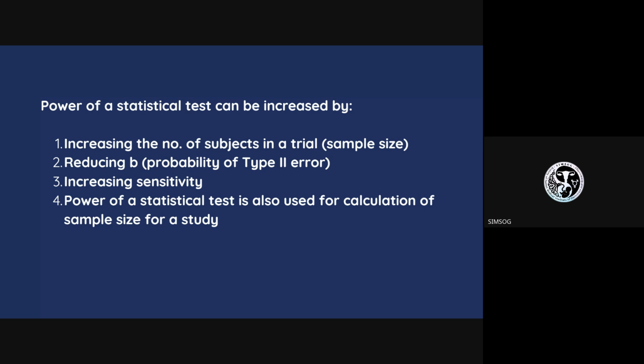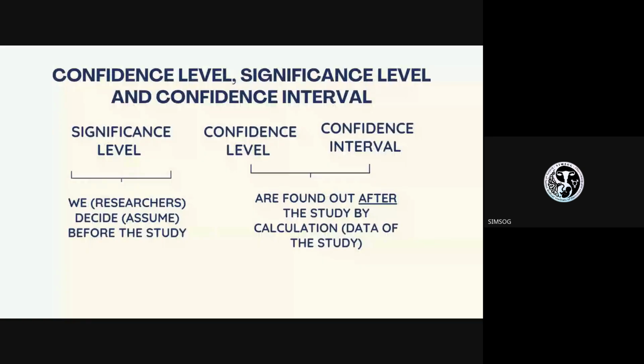After a point, the more you decrease beta, the more alpha will increase. So you cannot make a study perfect. Ideal scenarios don't exist, so you can't decrease both alpha and beta, but alpha is more important than beta, so we have to try to decrease alpha as far as possible.